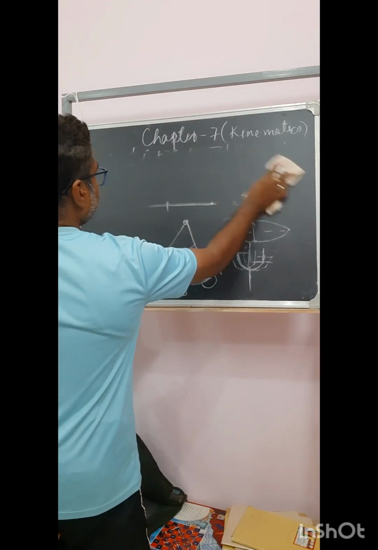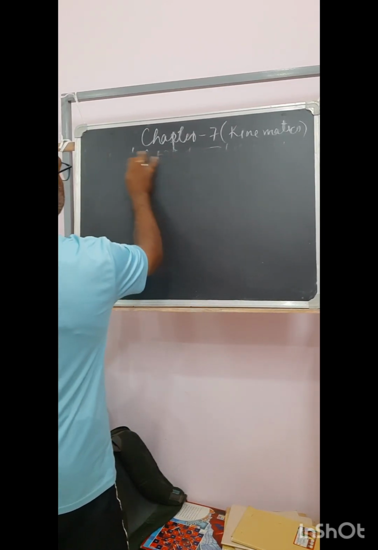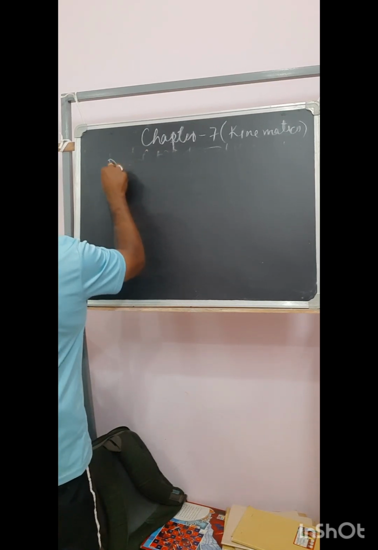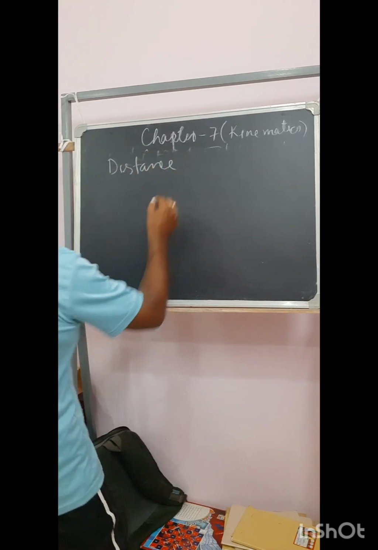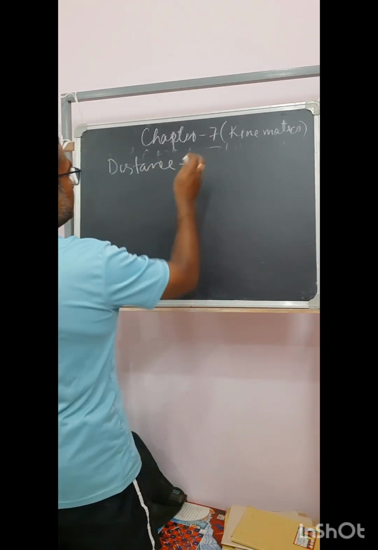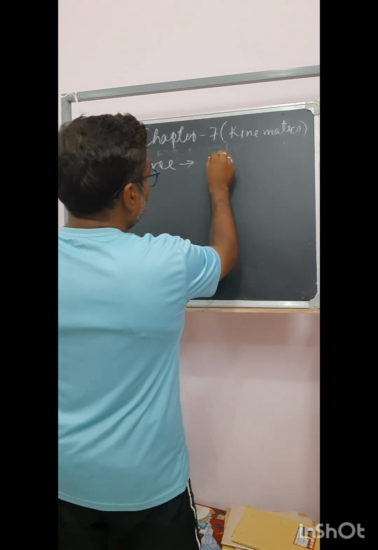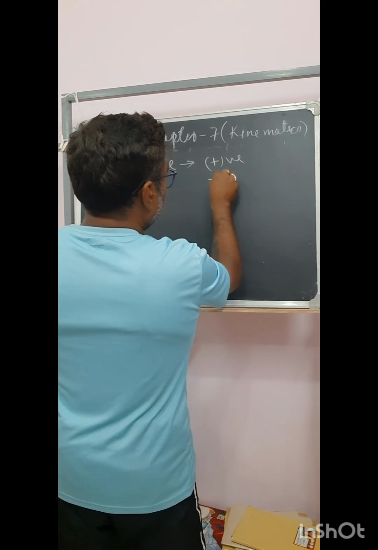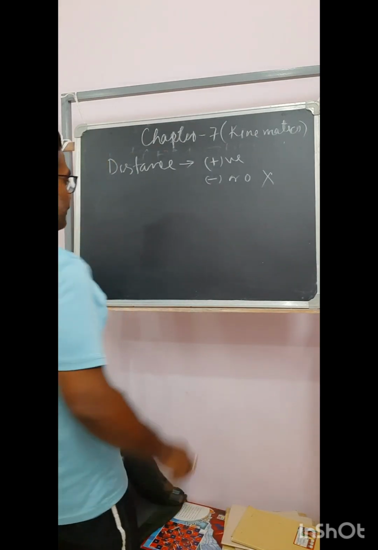Now, talking further about distance and displacement, what characteristics they show has to be understood. Distance will always be positive. Distance will never be negative. Can it be zero?